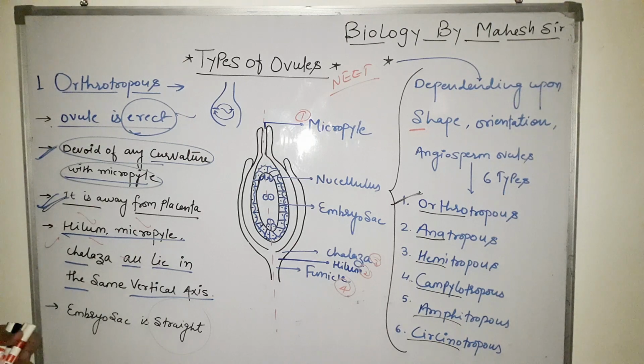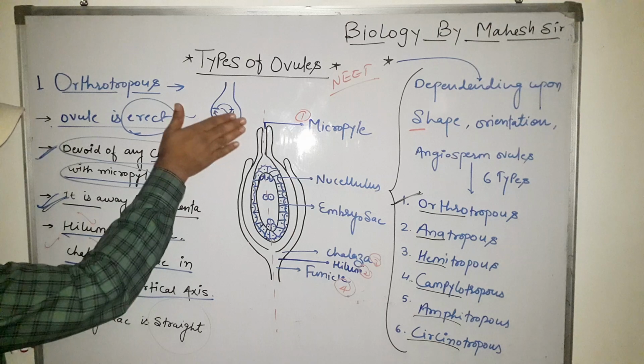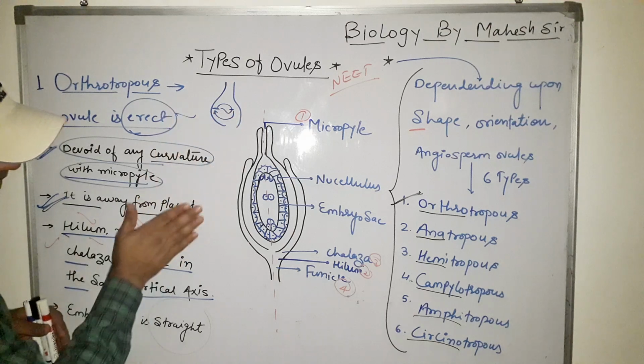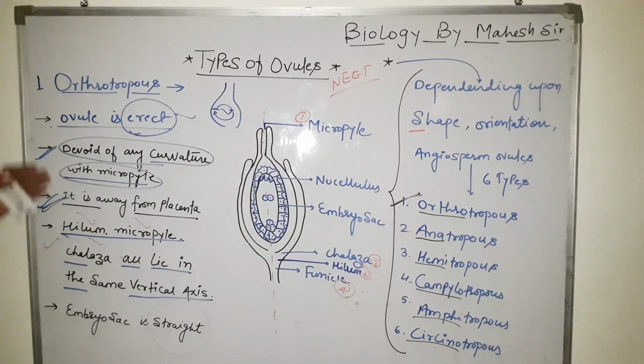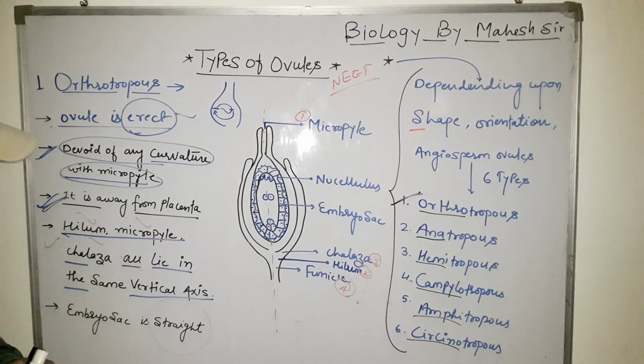Now in the orthotropous type of ovule, we can take the position of micropyle, nucellus, embryo sac, chalaza, hilum, funicle. Clear? It is present in the Piperaceae and Polygonaceae families of angiosperm plants, but it is also present in some gymnosperm plants.